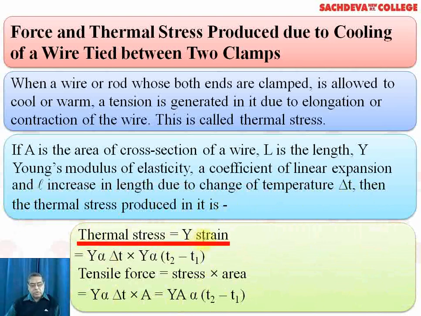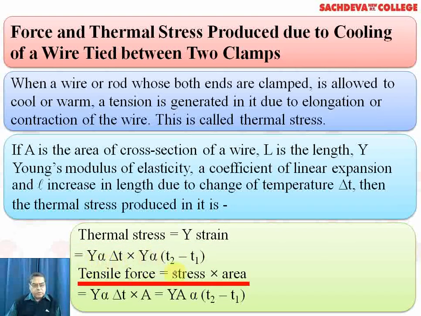Thermal stress is equal to Y into strain, where Y is Young's modulus, and Y is stress by strain. If we cancel off strain, we will get thermal stress. So thermal stress is Y into alpha into delta T, that is Y into alpha into (T2 minus T1).